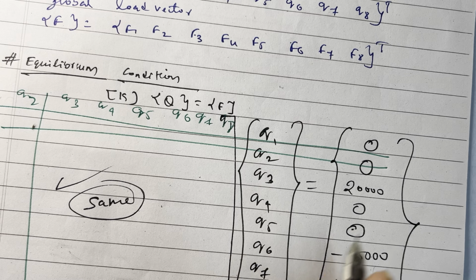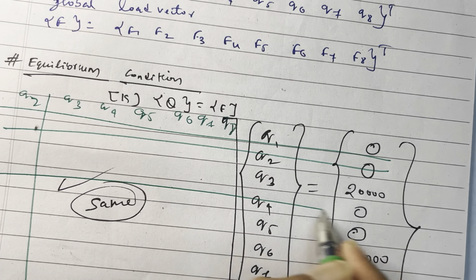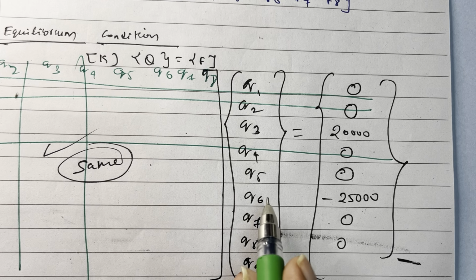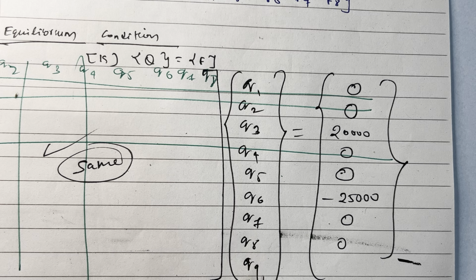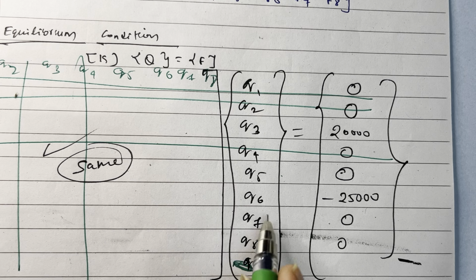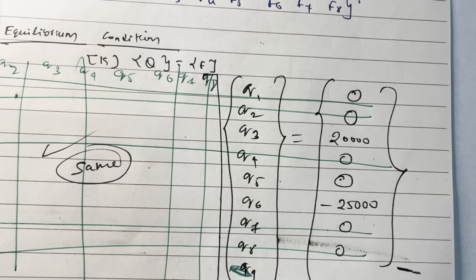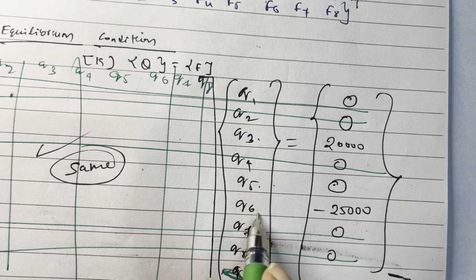Here q4 is again fixed, so I will eliminate this q4. I want q5, q6, and q7, q8 are both fixed, so I will eliminate q7, q8. So only remaining are q3, q5, q6.